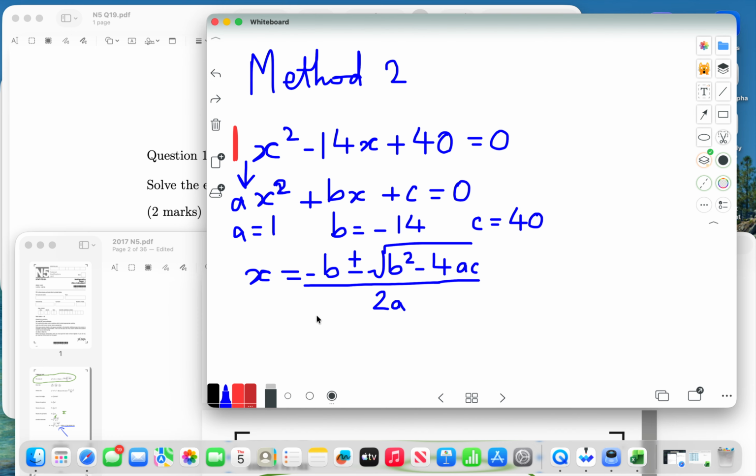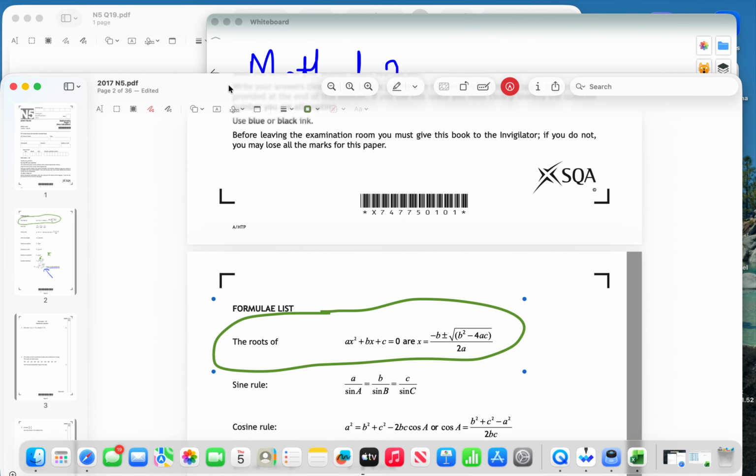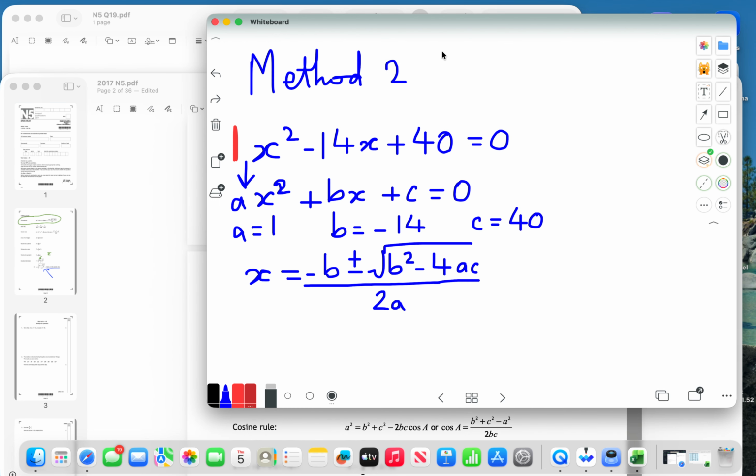Please take note of exactly how this was written. It's given to you on the equation sheet, but many pupils, for example, will only divide the square root of b squared minus 4ac by 2a, or some people will put the square root sign over only part of the discriminant.